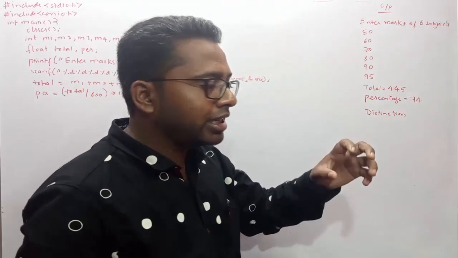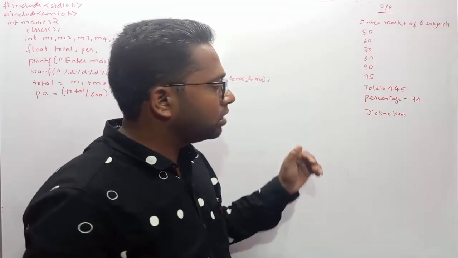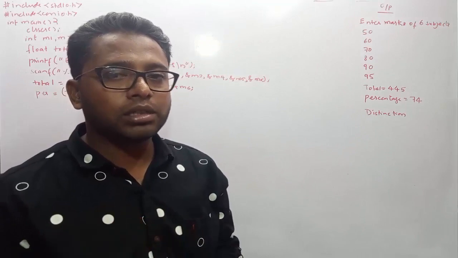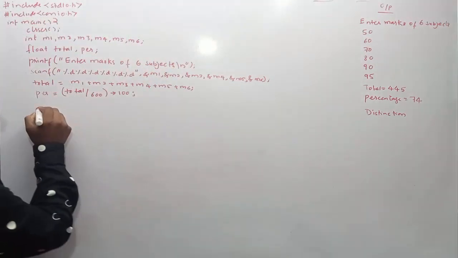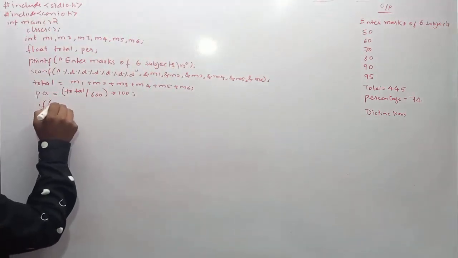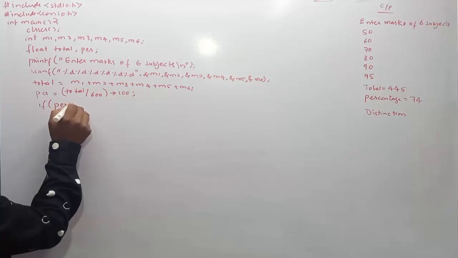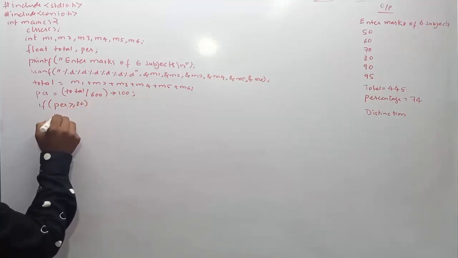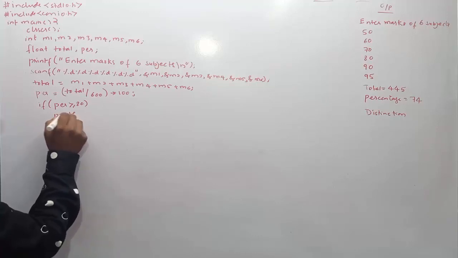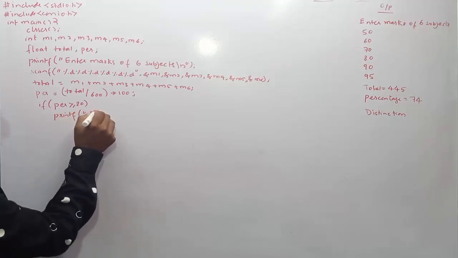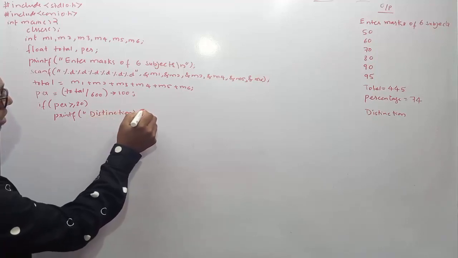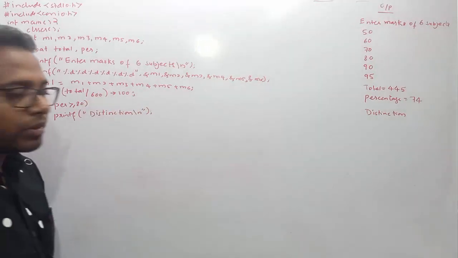Now based on the percentage, we need to decide whether the student has got distinction, first class, second class, pass class or fail. So I will use if percentage is greater than or equal to 80, then I will print distinction, semicolon.